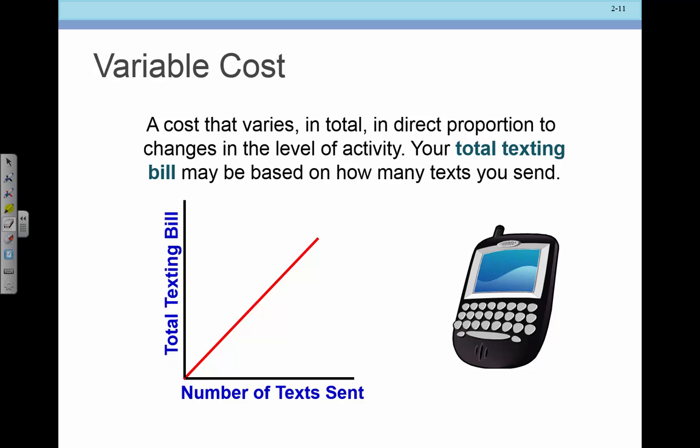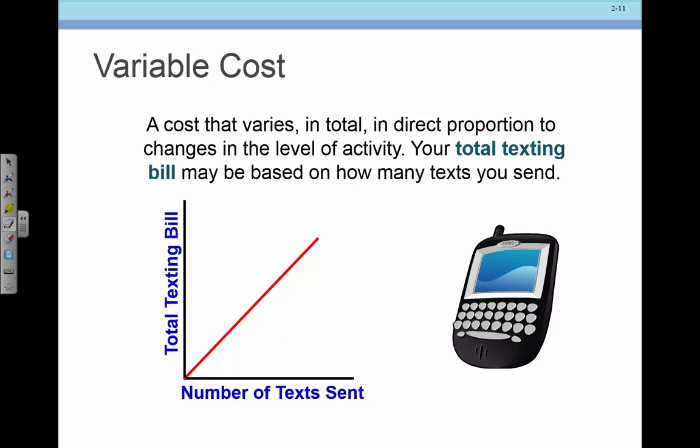So they're saying here, if you're looking at your texting bill, I don't know that I would use this as an example, but they did, so I'm going to. It depends upon what your plan is, but if it's a per text charge, what's your texting bill if you send 0 texts? 0.